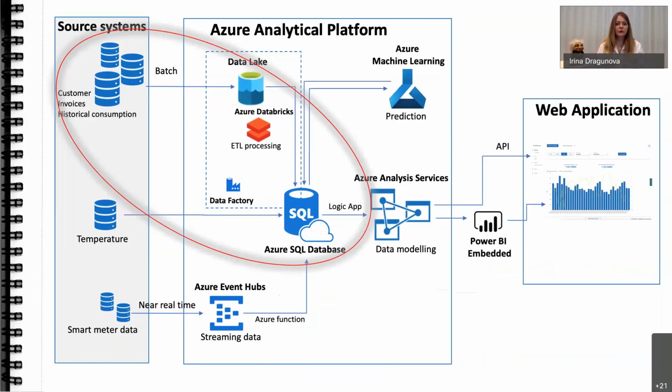It's a powerful tool which gives us a lot of possibilities for data transformation. Then we save all the data in our central SQL database, and we use Data Factory to orchestrate all this process of loading, processing, and transforming the data. Data Factory also helps us to publish our transformed data to our data store SQL database.